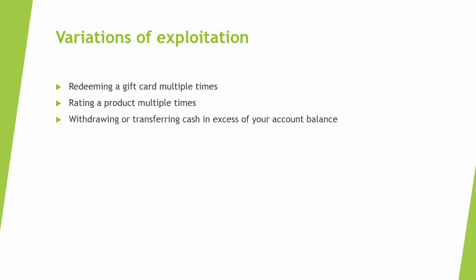And it can also be exploited when we are withdrawing or transferring cash from one bank to another, or from one account to another. It can also be used to bypass the captcha and perform brute force attacks and bypass the rate limit functionality.